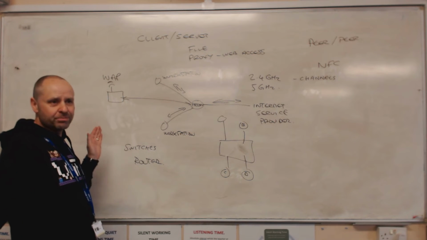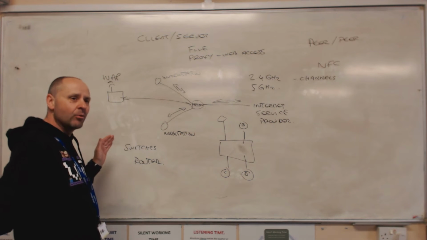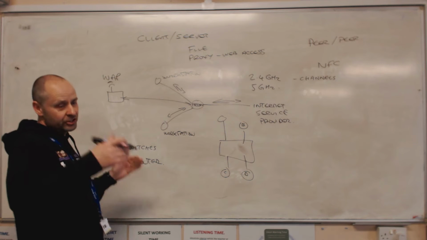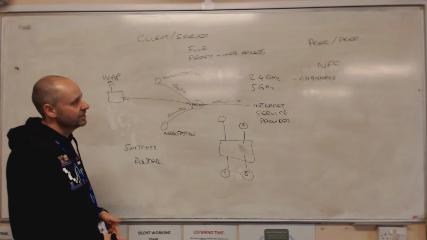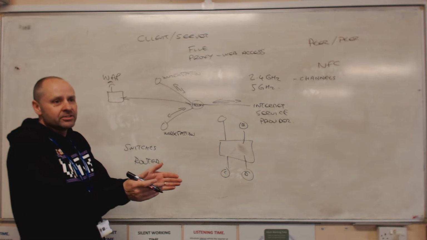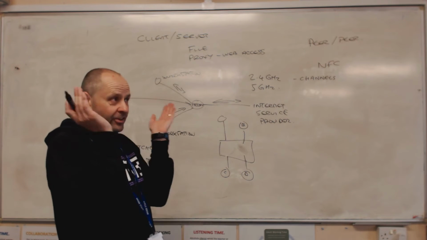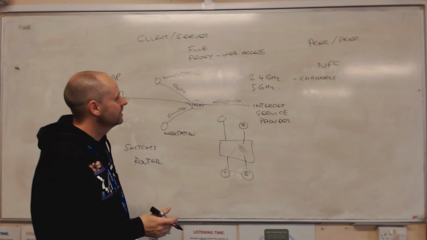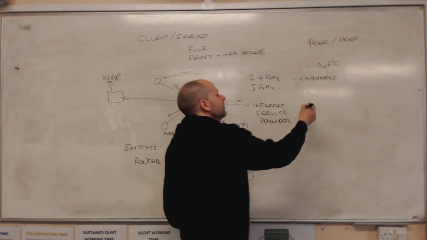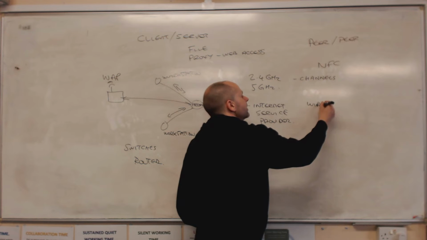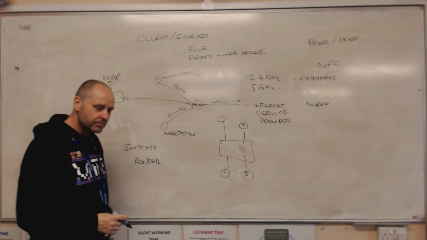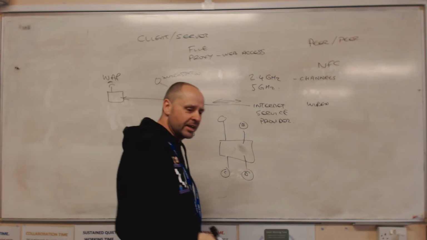You've always got a distance problem with wireless. The further you get away, the more errors you're going to get, the slower the speed becomes. Okay? If you're very close to the wireless access point, you'll get high speeds if there's not a lot of other traffic.